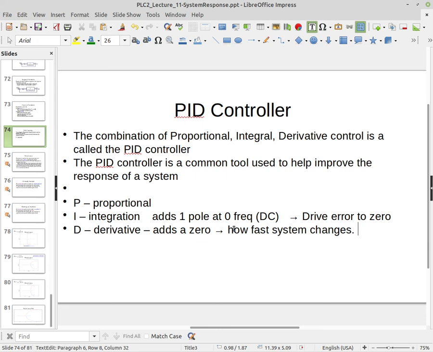With a PID controller, the derivative piece will try to react to the changes in the system. Now you can do just simple proportional, as we talked about last time, or you could do a PI controller. You could add just some proportional and integration, or you could do just a PD and try to control how fast it responds to changes, or you could do the full PID. Now, people typically don't do a proportional derivative. They either do a PI or they may do a PID.